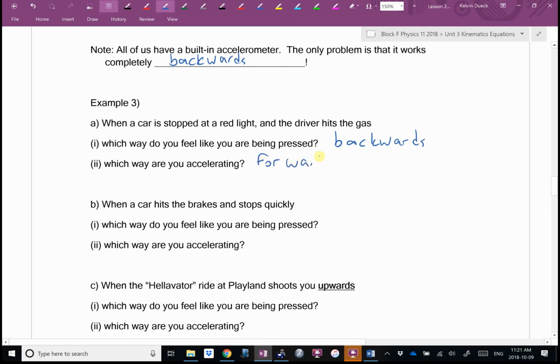Your body is a backwards accelerometer. When a car hits the brakes and stops quickly, which way does your body feel like it's getting thrown? Forwards, but you're slowing down. Which way are you clearly accelerating? You're still traveling forwards, but slowing down, you're accelerating backwards because your speed has to decrease first.